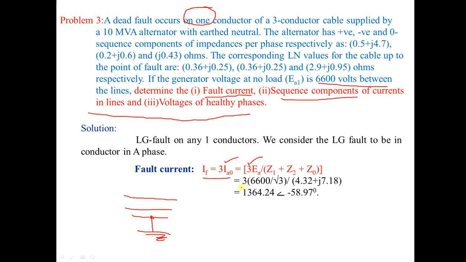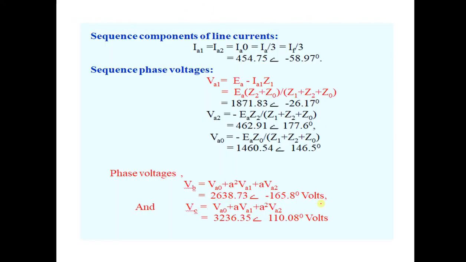And here 3 into, what is EA here, 6600, okay, 3 phase, so by root 3, into the whole divided by all together the values given, that is Z1, Z2, Z0. So we have to add all the values and then we just substitute here. So after calculating we obtain 1364.24 angle 58.97.